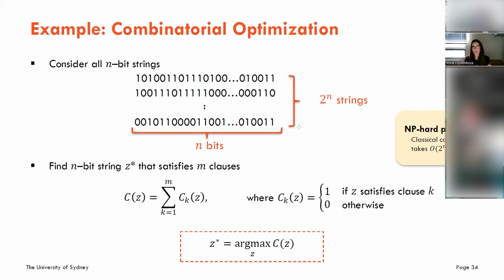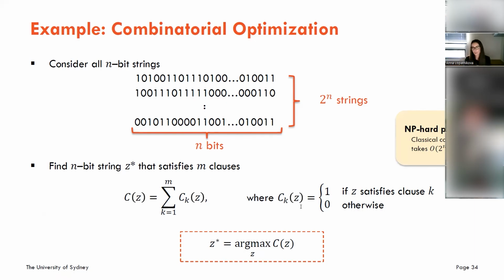Again, you have n-bit strings. Now, quantum computers don't have to work just with n-bit strings. It's just that these examples are simple and kind of simpler to understand in a short talk. So that's why I'm using them. So we want to consider all n-bit strings, and we can choose the one that satisfies some kind of M clauses.